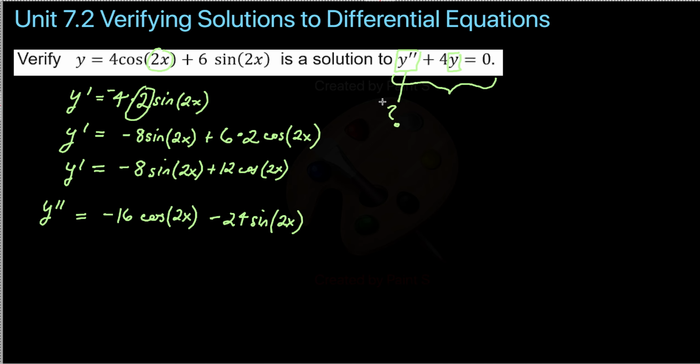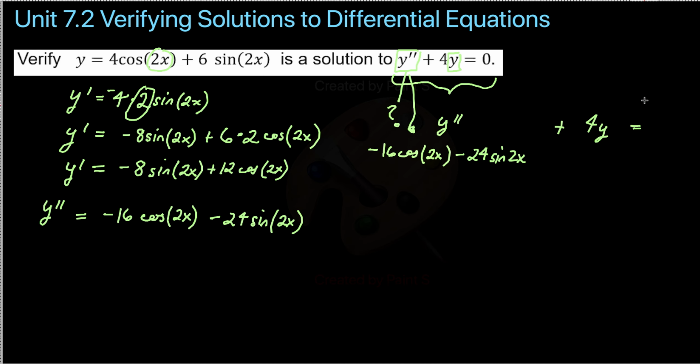So with y double prime, let's see what happens when I add. Y double prime is negative 16 cosine 2x minus 24 sine 2x. That's y double prime. I substitute for y double prime here, right? Y double prime plus 4y.